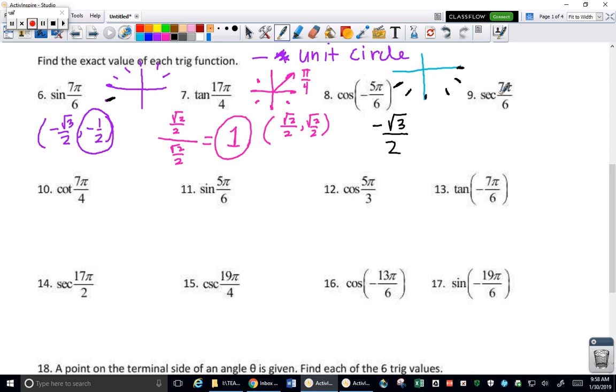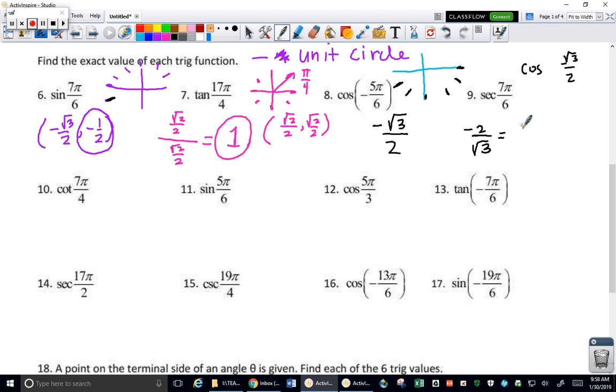Number 9 says the secant at 7 pi over 6. Once again, it's the same angle measure. So the cosine at 7 pi over 6 is negative root 3 over 2, and the secant is the reciprocal, so negative 2 over root 3.